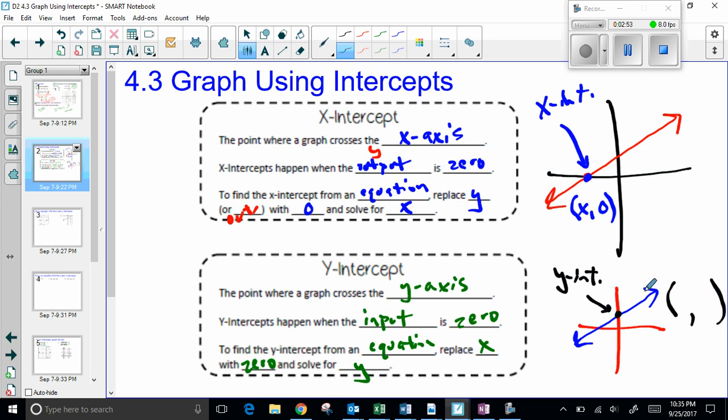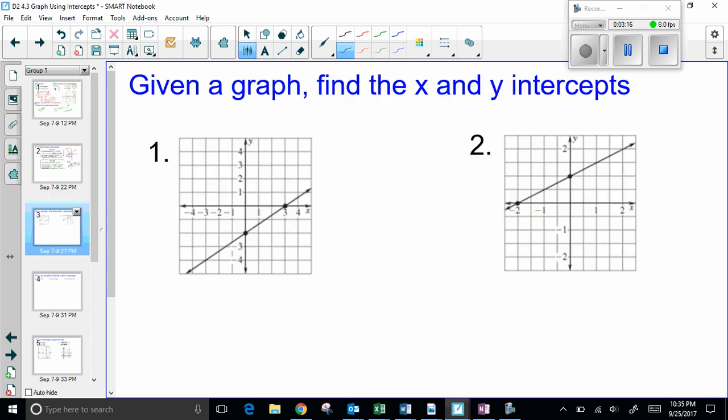This is going to be a positive number here, but it could be anywhere on the y-axis. But I do know this number. That is 0. It is even with 0 on the x-axis. So all of my y-intercepts will be 0, comma something. All of my x-intercepts will be x, comma something. So keep that in mind as we work our way through.